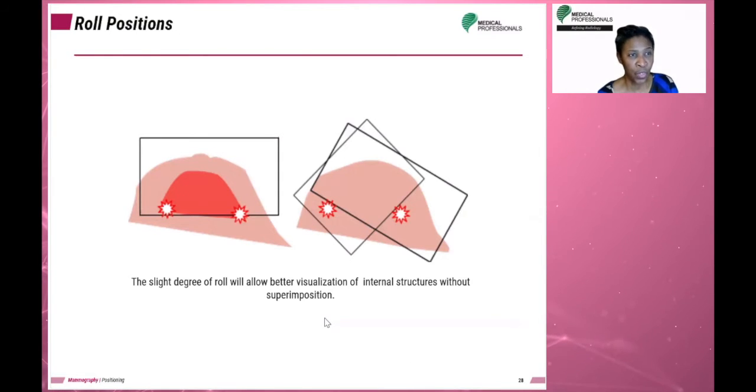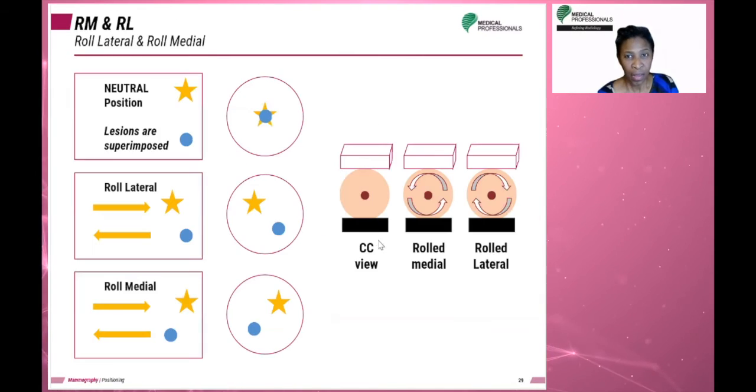Now the rolls, these are positions, not projections. The roll positions oftentimes will allow you to visualize an area that may have been superimposed on the CC or on the mediolateral. So they have different roles. The direction of the roll is how the imaging is named.